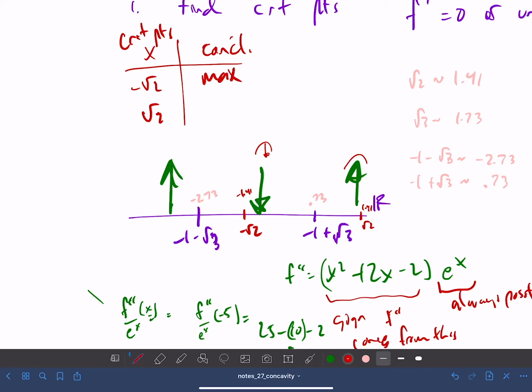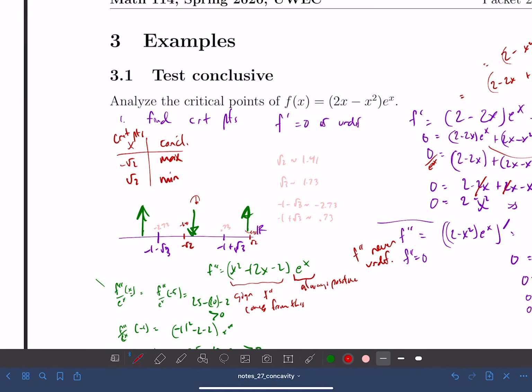Concave up. Nope, that was the wrong way. Concave up. Oop. Concave up. Alrighty. Okay, so that was quite a lot.